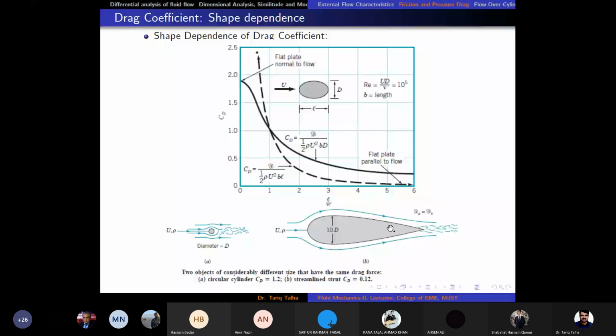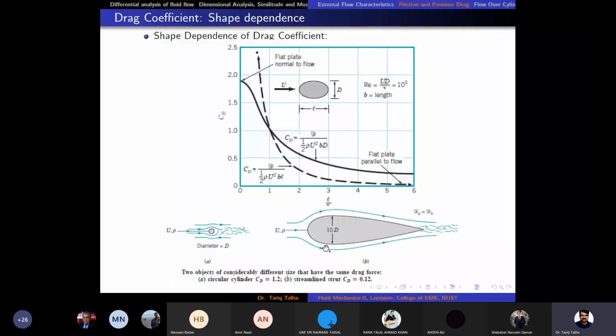Here we have an example. You can see there is a cylinder on the left hand side which has a diameter d, and then we have a streamlined body whose maximum height is 10d, right? But very interestingly, the drag of this small cylinder is equal to the drag force of this big airfoil.